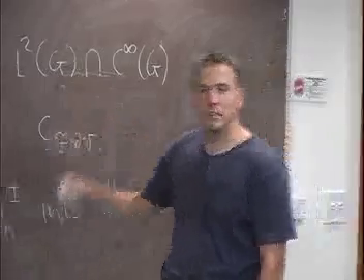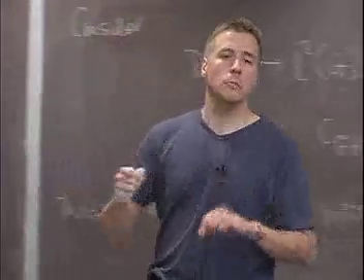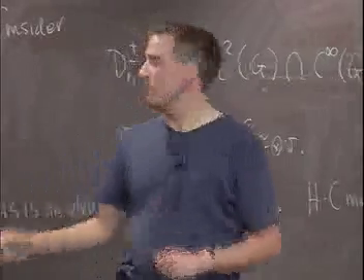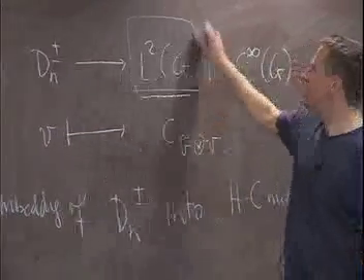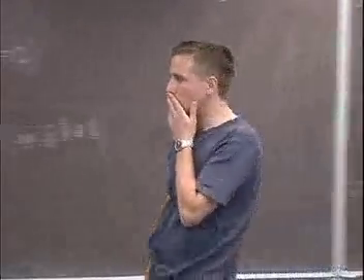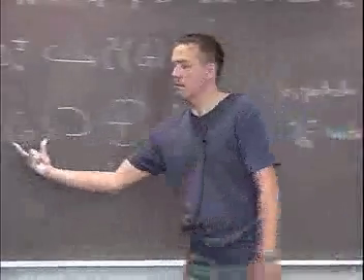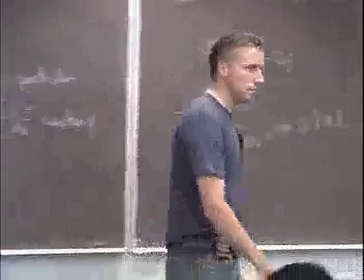For n equals 0, it just missed being L2. It was L2 plus eta for any eta positive. But I needed n greater than or equal to 1, so it lands in L2. And in fact, the d0s don't appear discretely. The d0 plus or minus aren't submodules of L2.